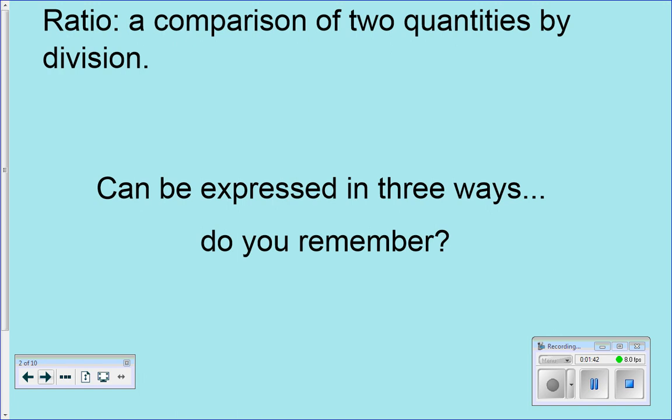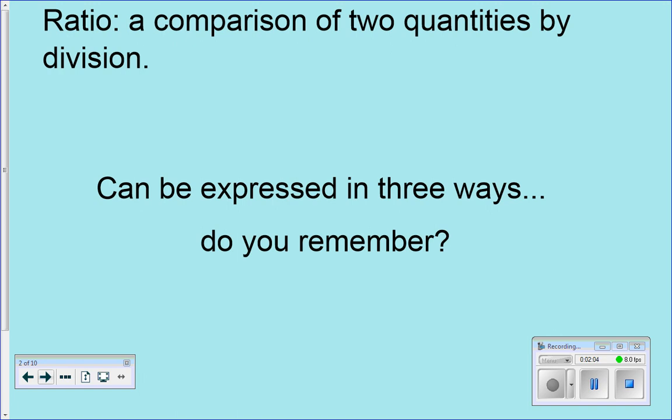It's comparing maybe miles per hour, or how much money you spend on cereal per ounce, or feet per second, or feet per minute. That's what a ratio is, comparing two different things.